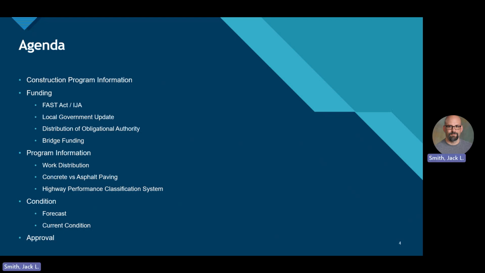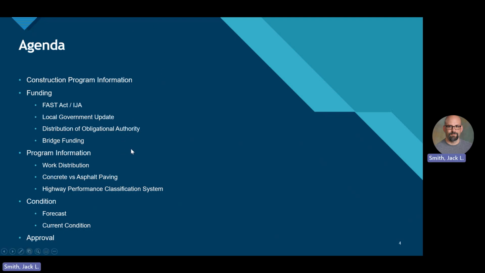This year we have a brand new MPO and a brand new TMA in the state, so this impacted how funding would be distributed. We also include the distribution chart of our Obligational Authority and an additional discussion of bridge funding, particularly because of the extra funding provided through IIJA.